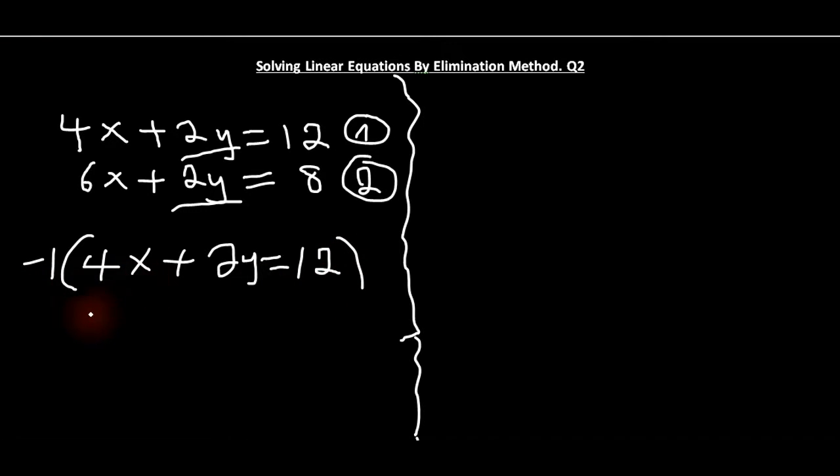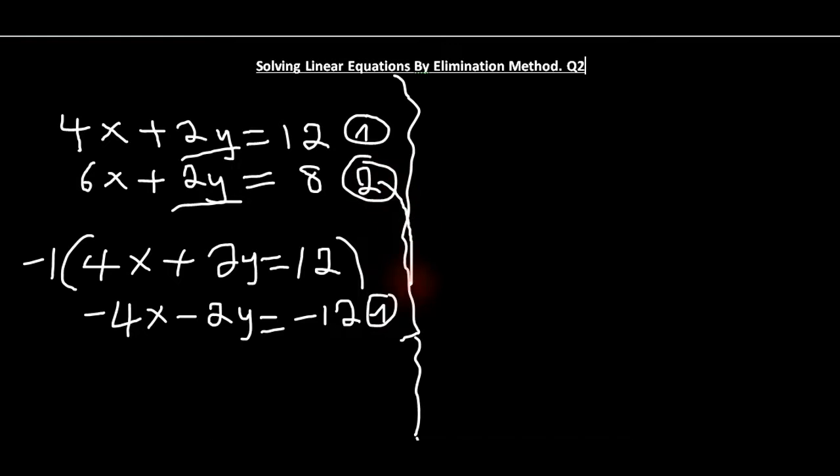Minus 1 times 4x is minus 4x. Minus 1 times plus 2y is minus 2y, equal to minus 1 times 12, which is minus 12. So this is our new equation 1.